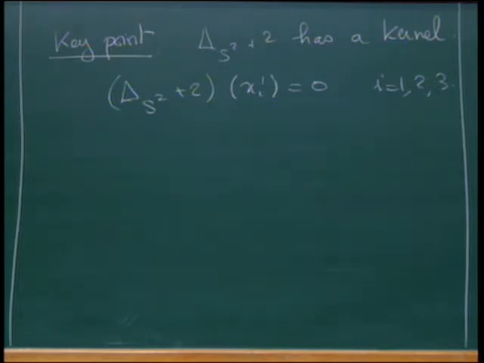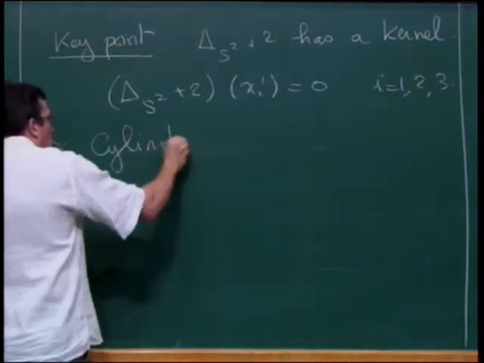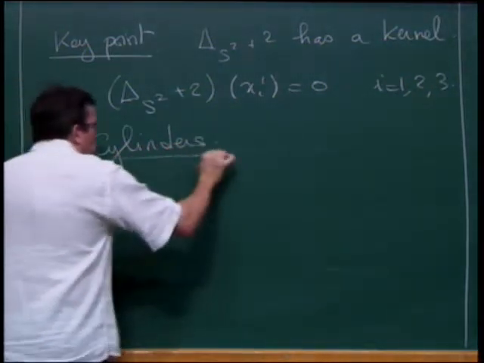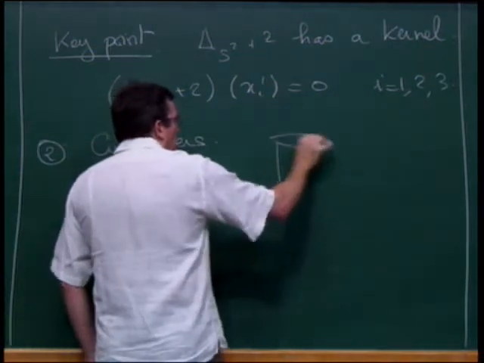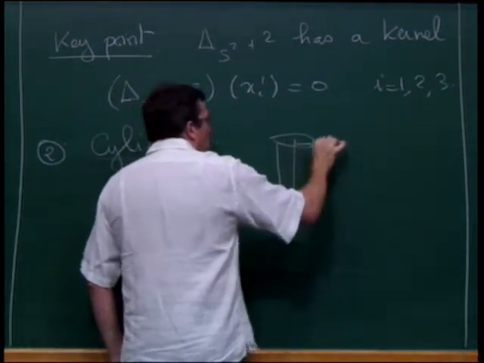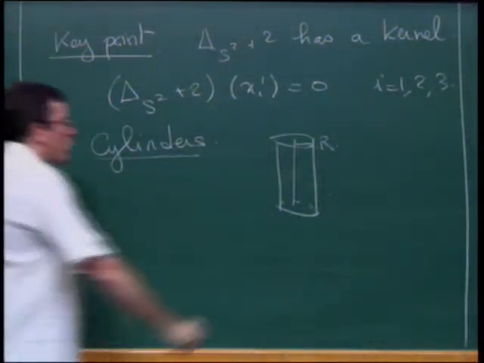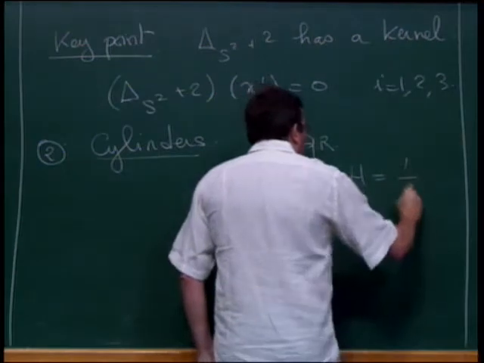Okay. Next, the second extremely easy example, which still holds in the flat torus, are cylinders. So this time take a cylinder, a vertical cylinder. Let's say the radius is r, and now the mean curvature is 1 over r.